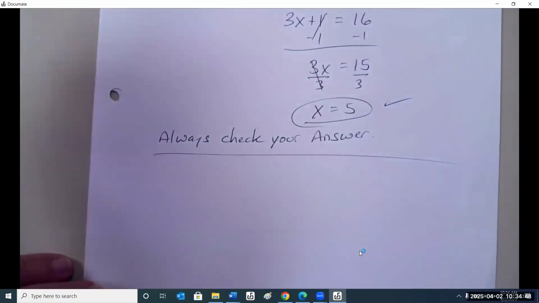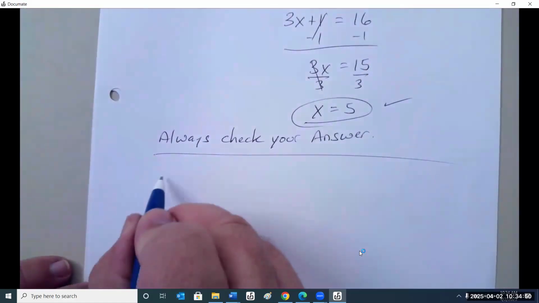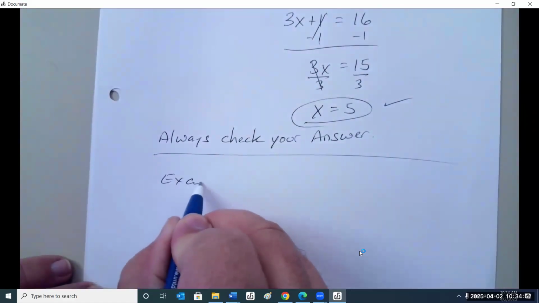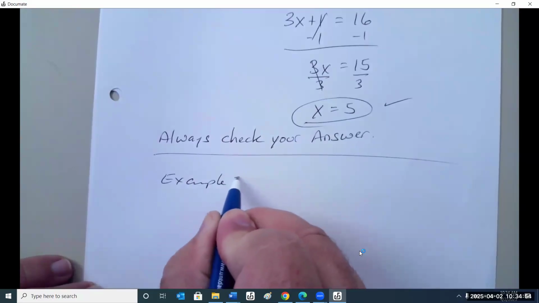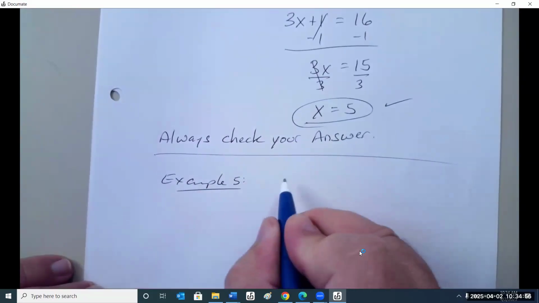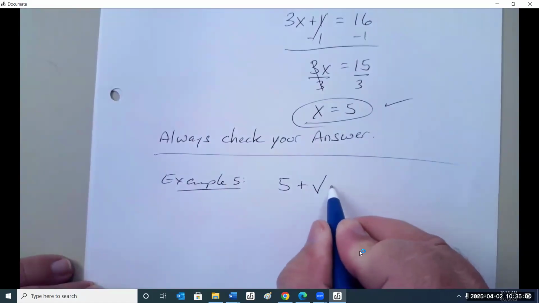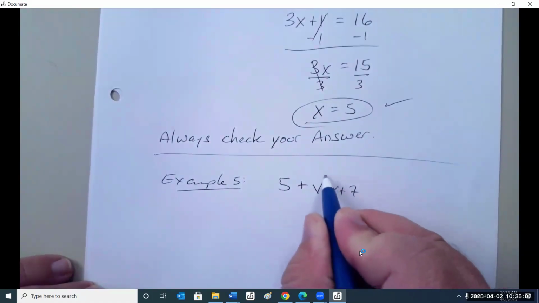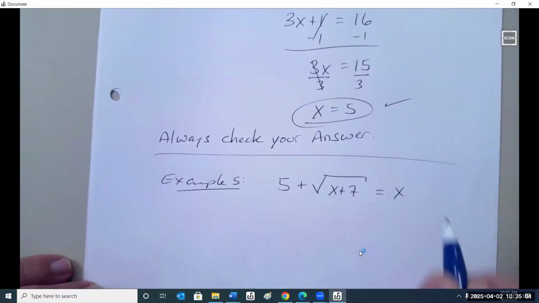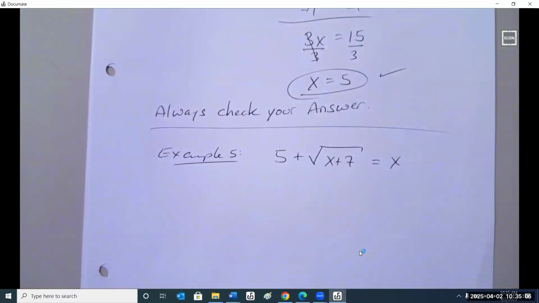Don't want to jump on that one just yet. What if we had this? 5 plus the square root of x plus 7 equals x. We can look at our equation here.